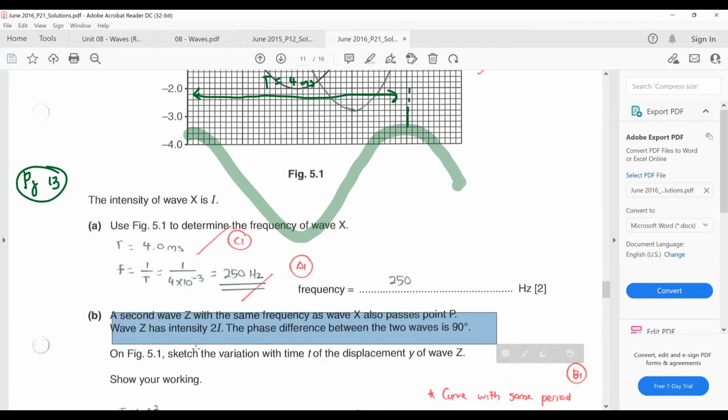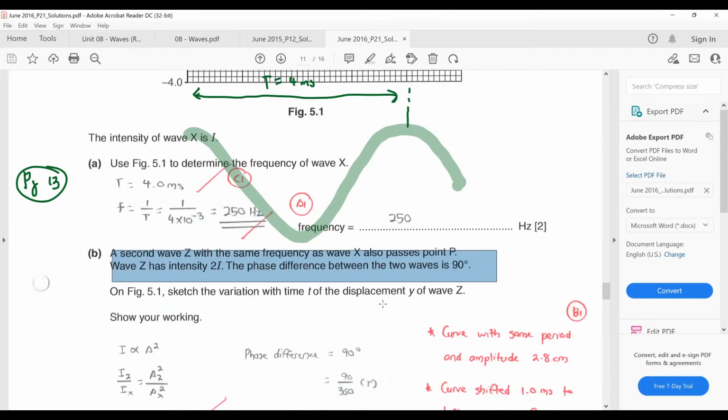A second wave Z of same frequency as wave X also passes point P. Wave Z instead now has intensity of 2I. The phase difference between the two waves is 90 degrees.